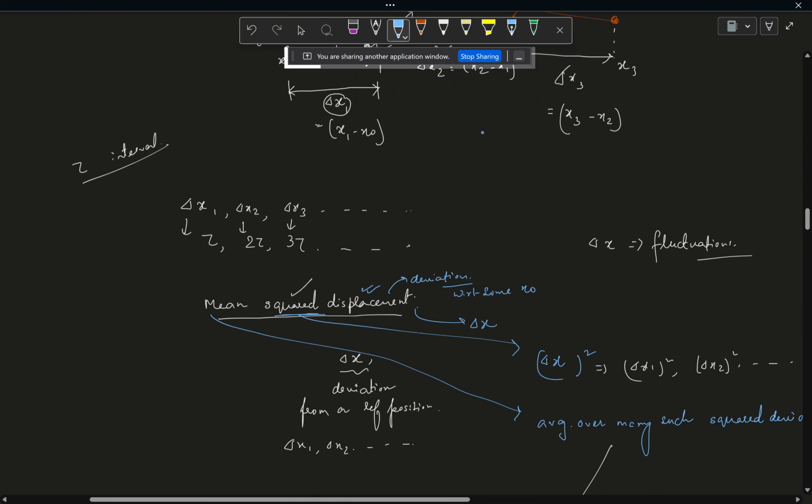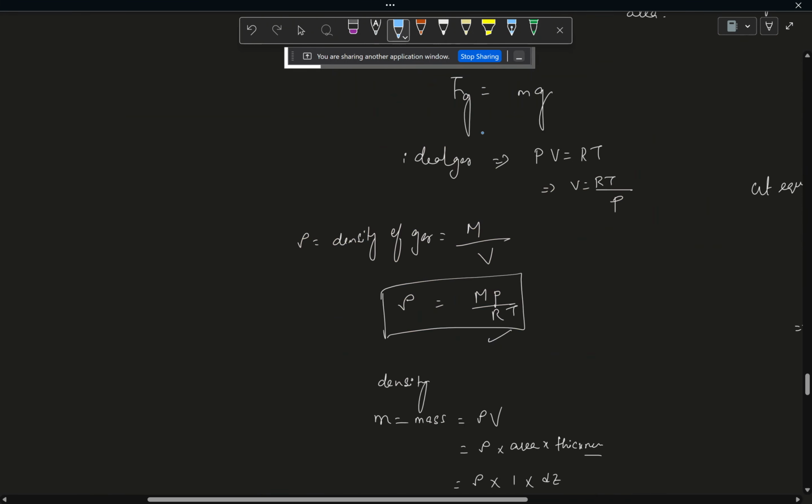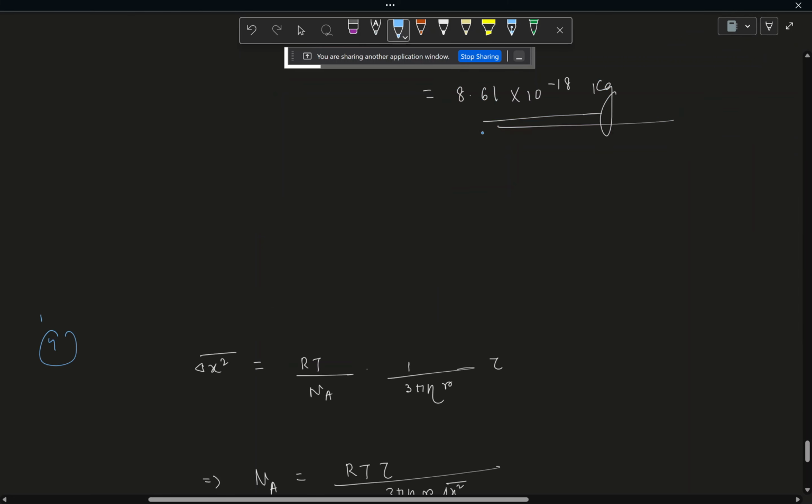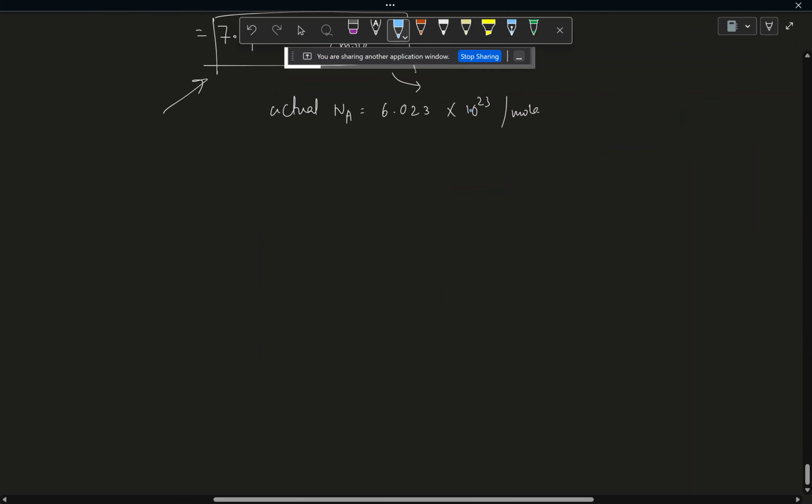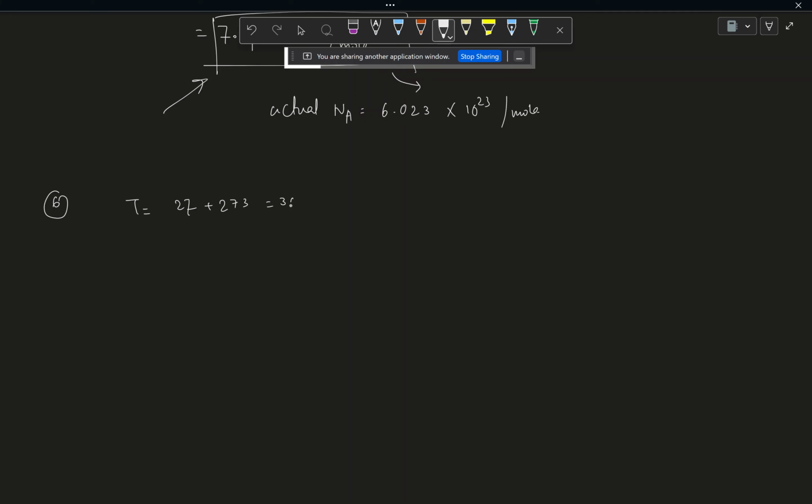So first of all, let me now go to the blank page and start freshly. It's problem number 6. It's basically your T is 27 degrees centigrade. So this is 300 Kelvin.